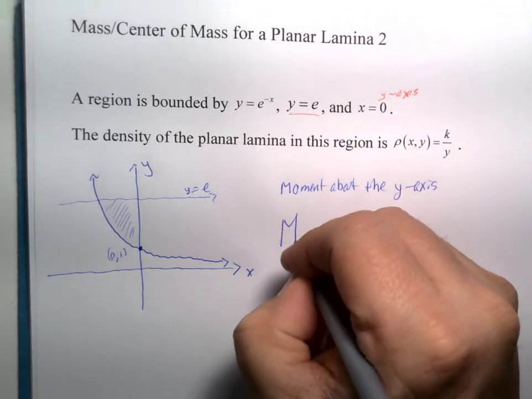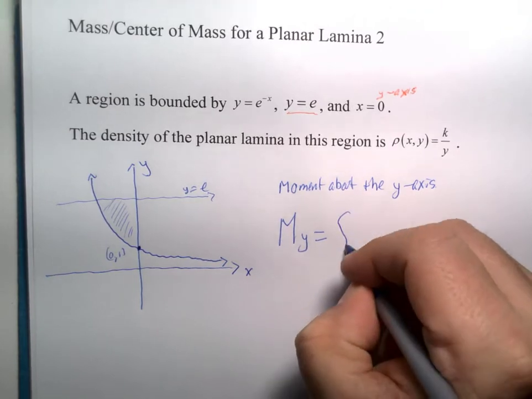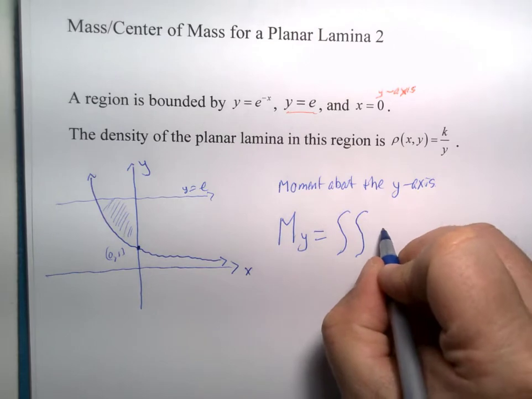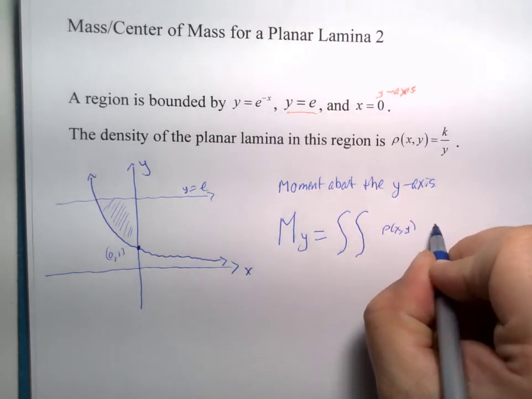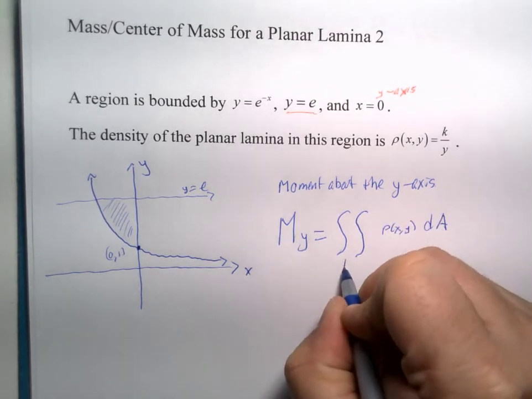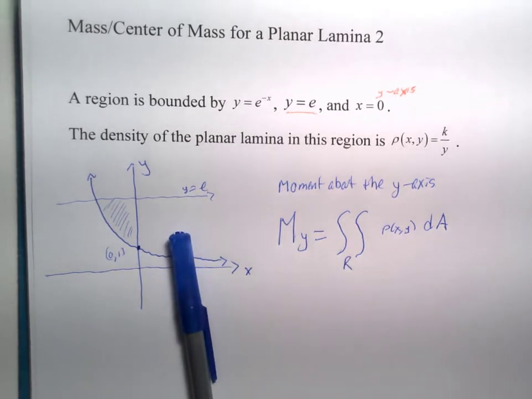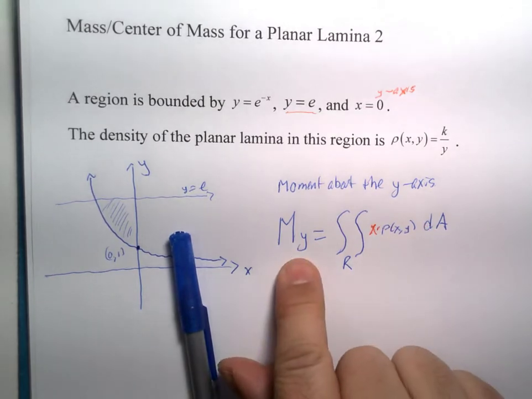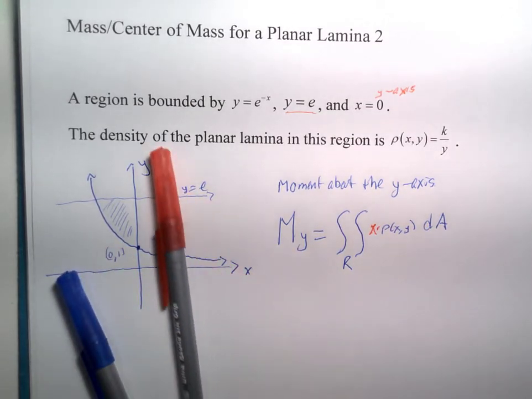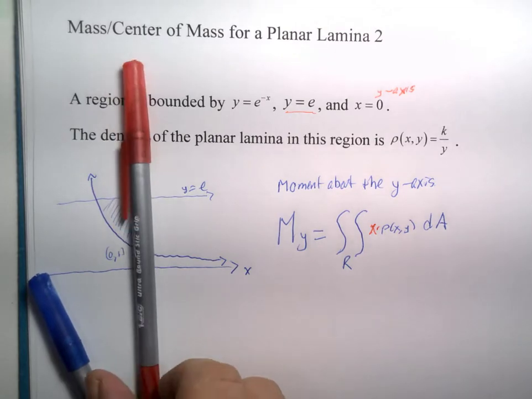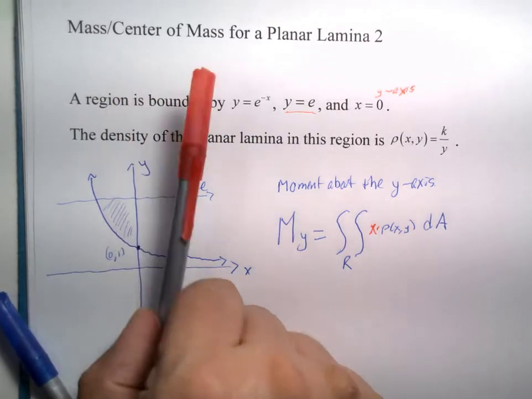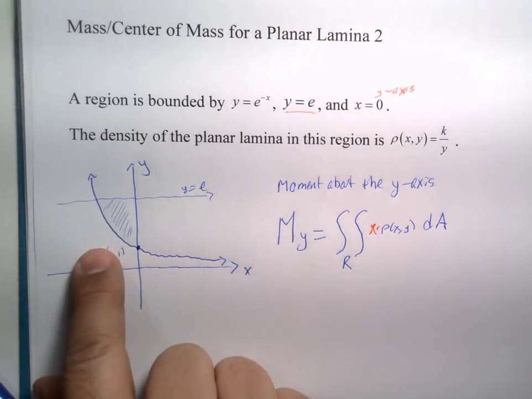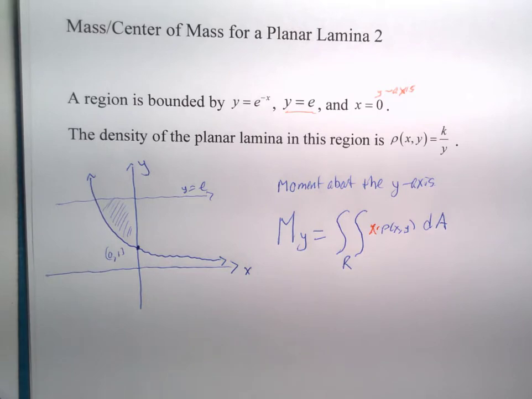So that moment about the y-axis is the double integral of the density function over this particular region multiplied by, if you recall, x. Moment about the y-axis is indicating how things are balanced between the right and left side. I would expect this to be a negative number because the entire region is to the left side. Let's find out. Hopefully it will.